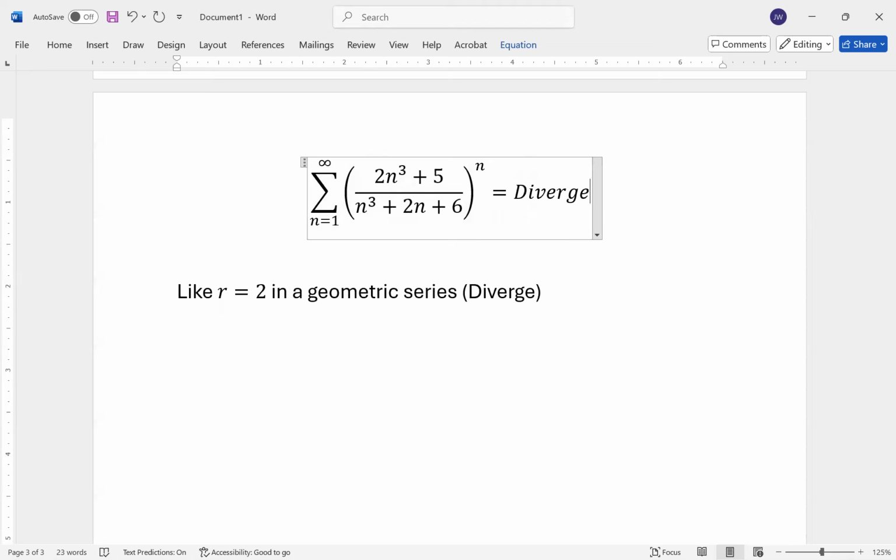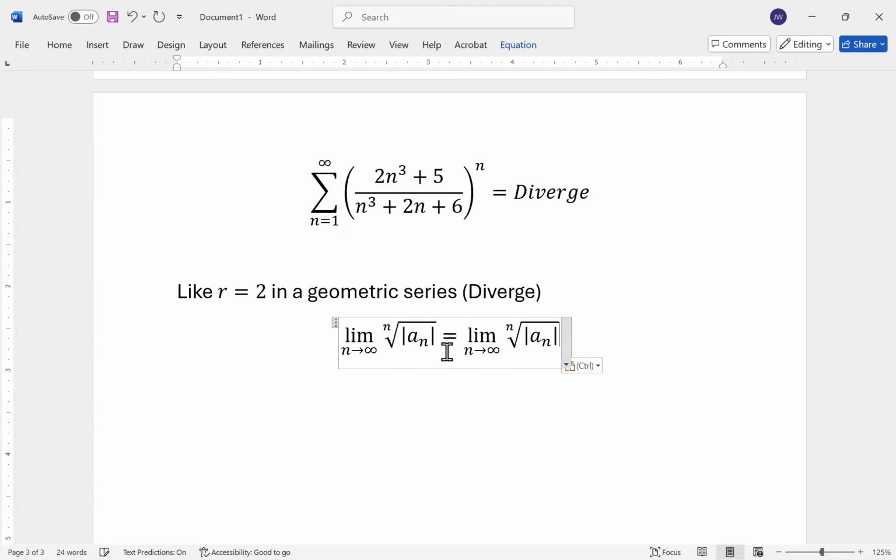Now, that's the informal way of doing it, just looking at this ratio that's being raised to the nth power. If I wanted to, I could do the formal way as well, where I take the absolute value of a sub n and then take the nth root, and take the limit of that as n goes to infinity.